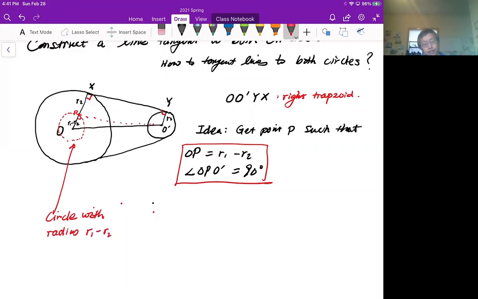Can you see that? You get a circle with radius R1 minus R2. And secondly, you are going to draw another circle with O and O prime as a diameter. Okay, and we did that last time, right?